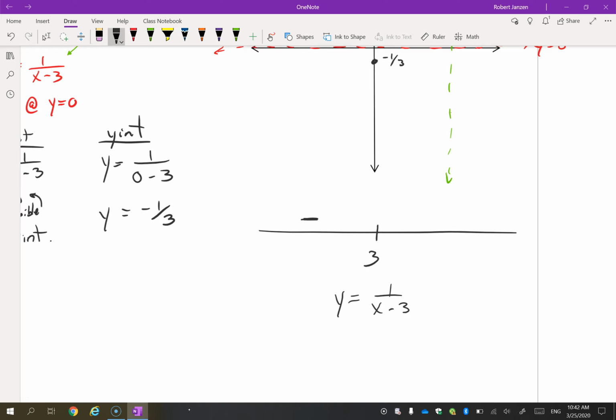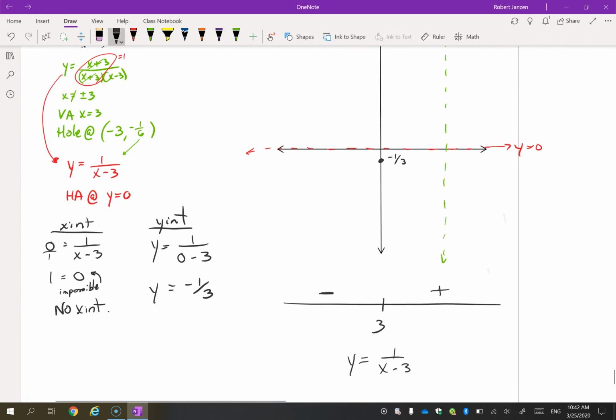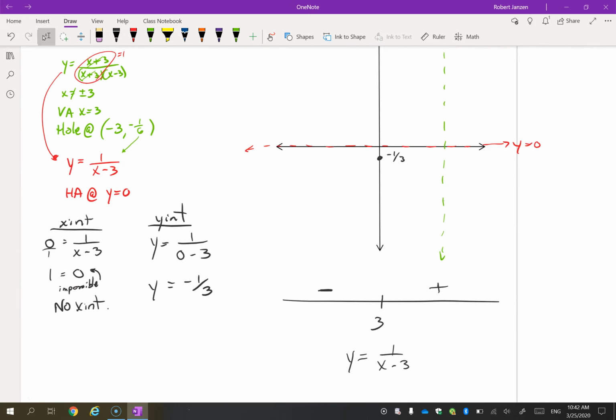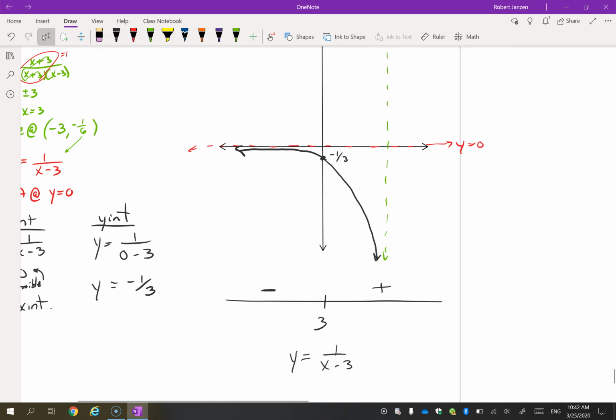That's negative. This is positive. So let's graph that. Okay, so negative means we're going to be down here. Positive means we're going to be up here. And one thing is missing. Right about here, we have negative 3, negative 1/6.